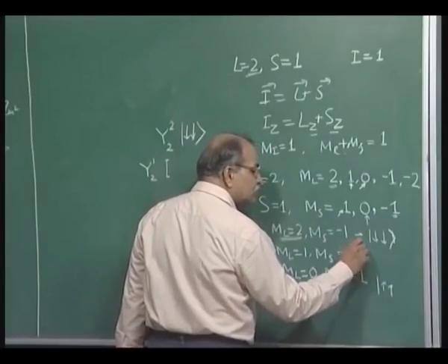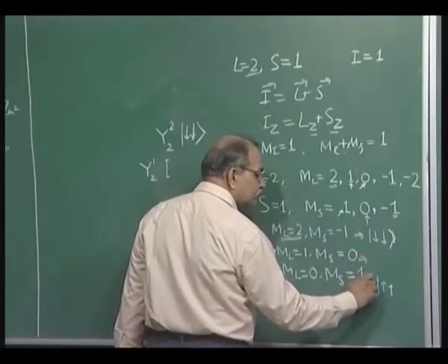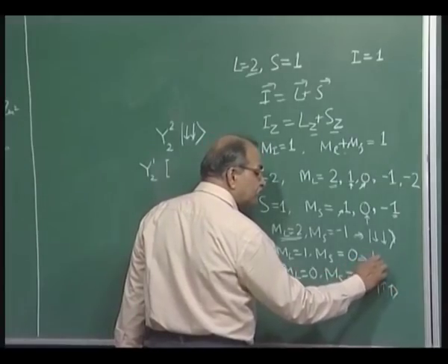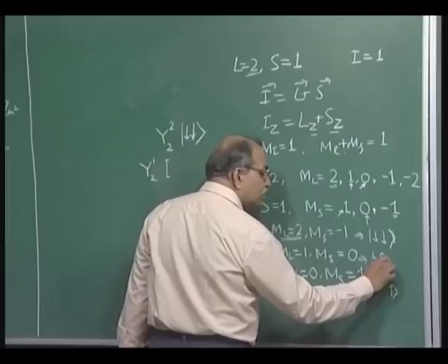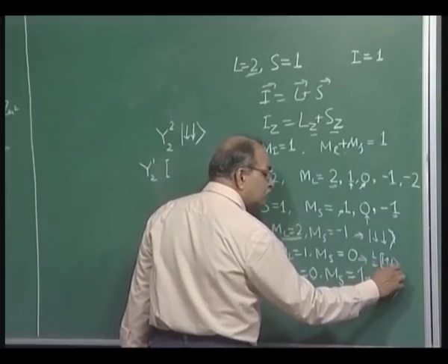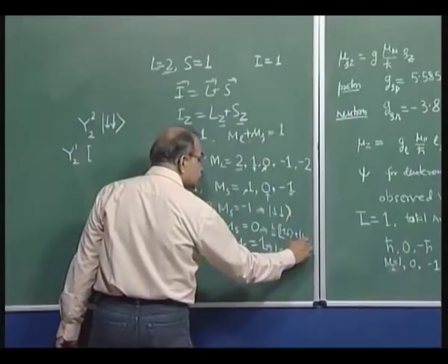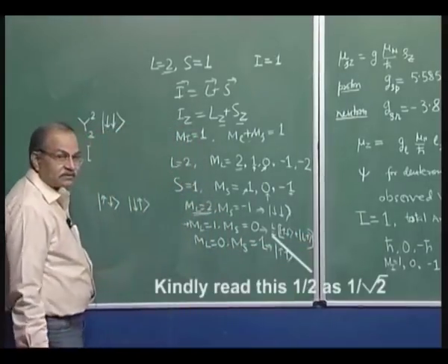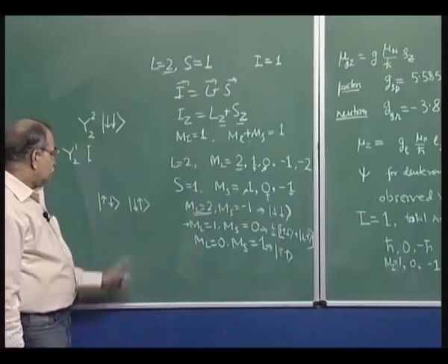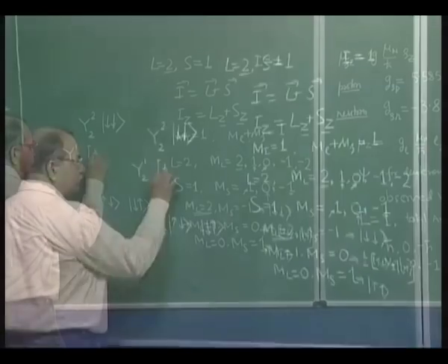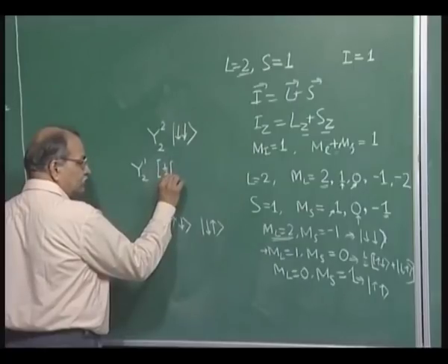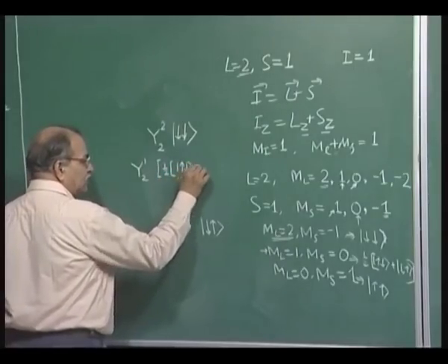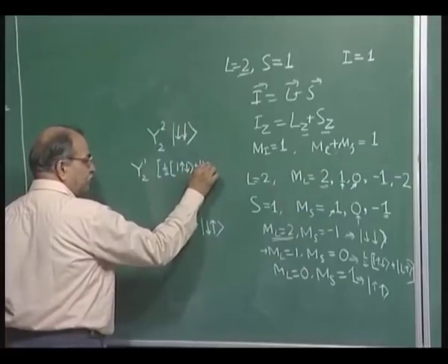and this will correspond to 1 by root 2 times up down plus down up. So, it is 1 by root 2 and then up down plus down up.